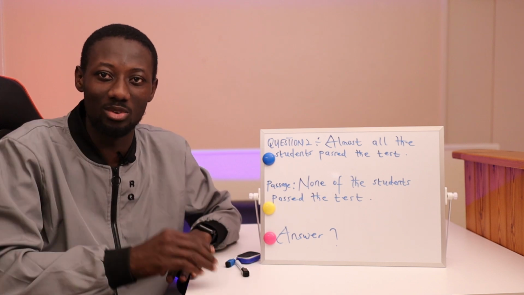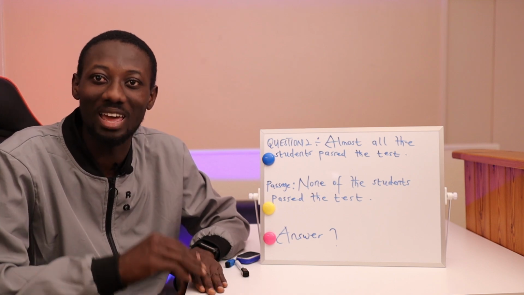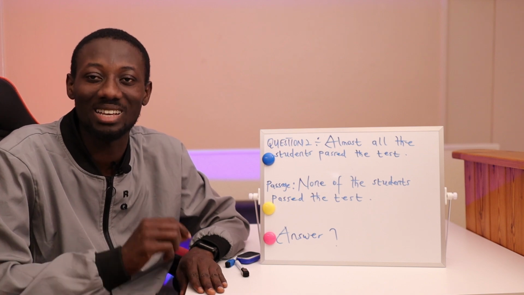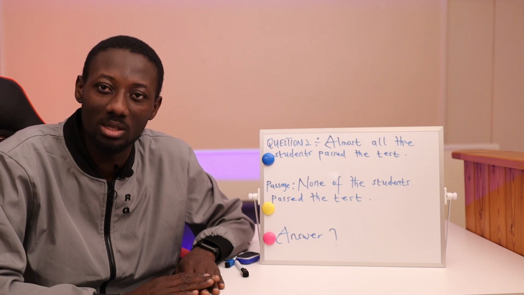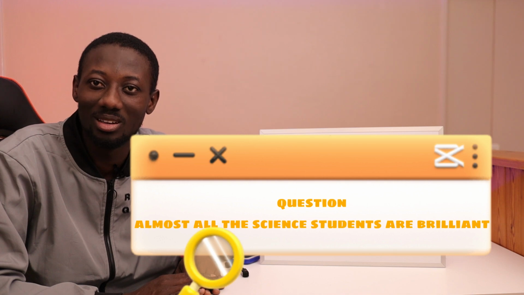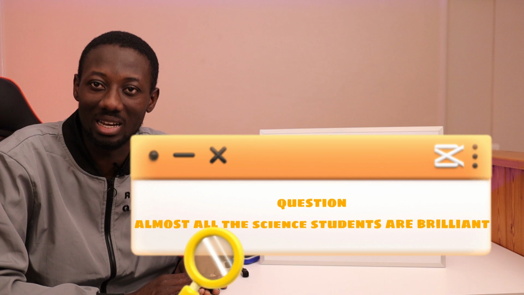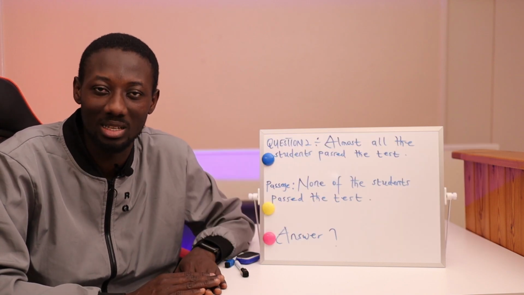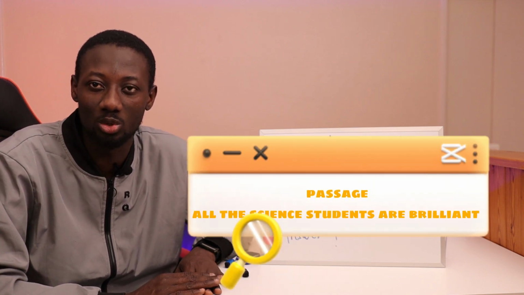Now, let me give you this assignment so we end the class for today. Let me know the answer in the comment section. Just tag assignment and let me know the answer. The assignment question is: almost all the science students are brilliant. Assuming when you went to the passage, what you saw was that all the science students are brilliant, what answer would you choose?